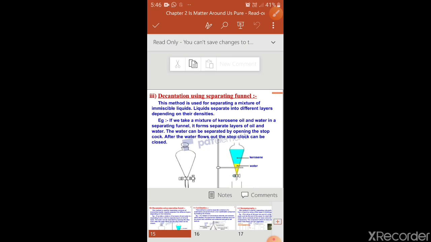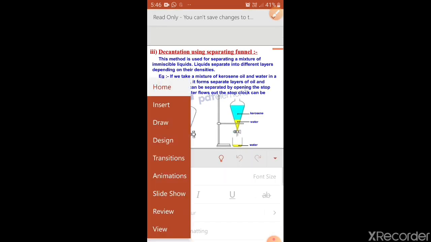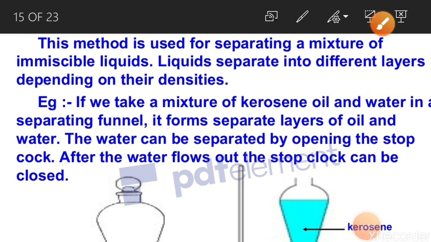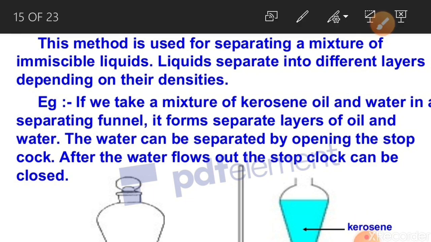There is also something written here about the applications of these methods. The application of this method is to separate a mixture of oil and water. One more is given in your textbook: sometimes you have to separate iron from its ore.